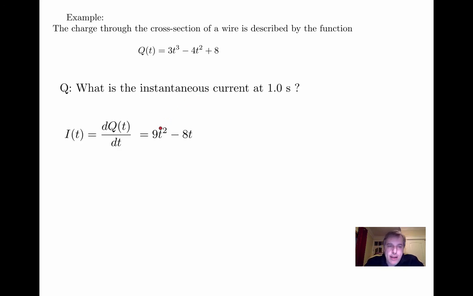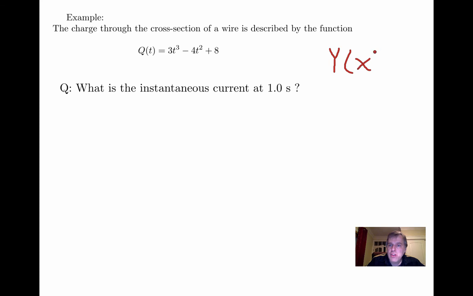Now let me slow down a bit here. We take the derivative with respect to time of this function. In calculus, usually you work with either f of x or y of x. Let's say you have y of x.